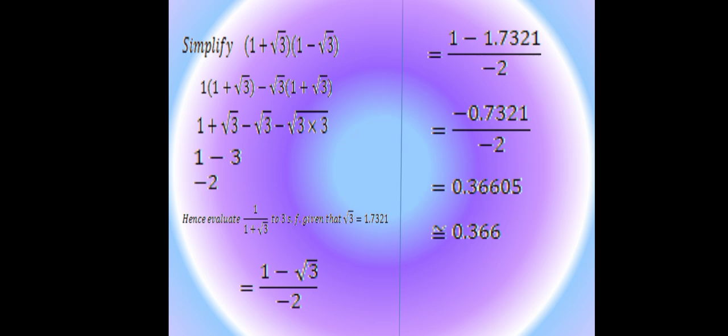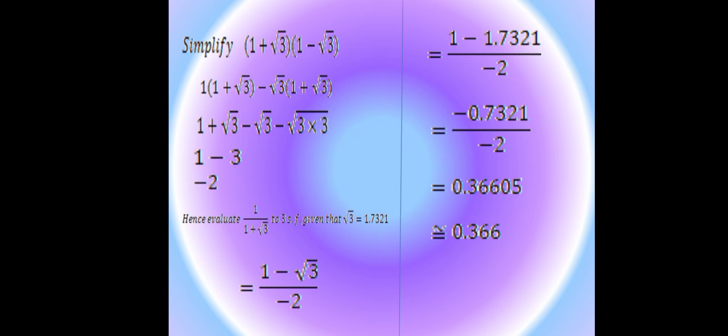Now, we had gotten the expansion of (1 plus the square root of 3)(1 minus the square root of 3) to be negative 2. Put negative 2 as the denominator and remain with the numerator the way it is.